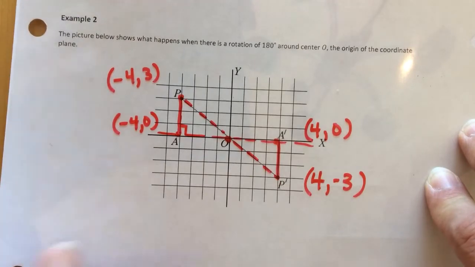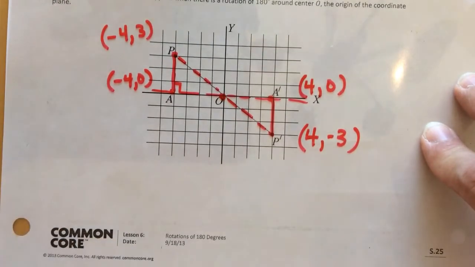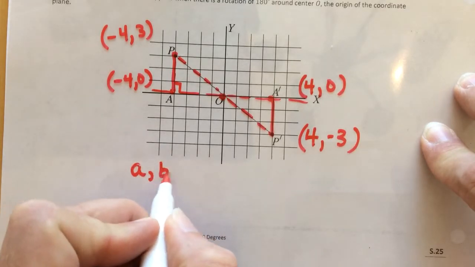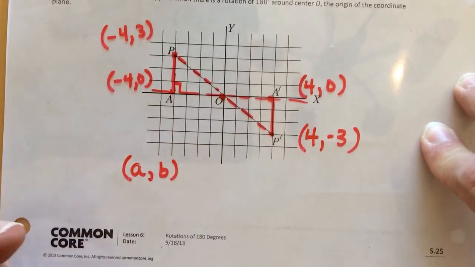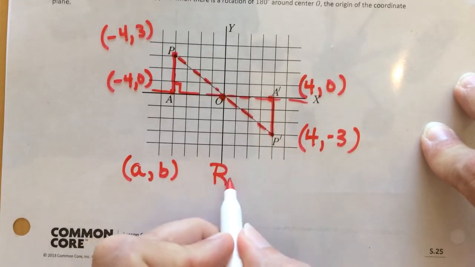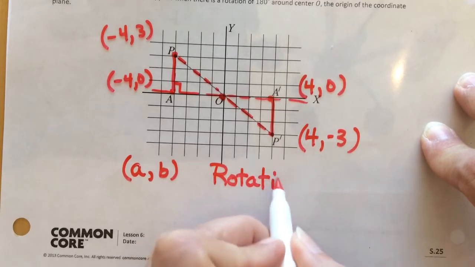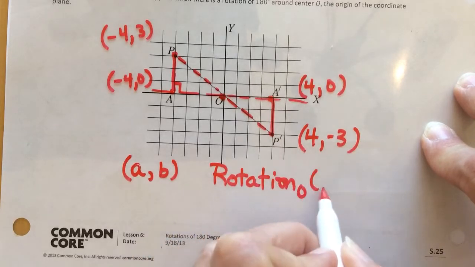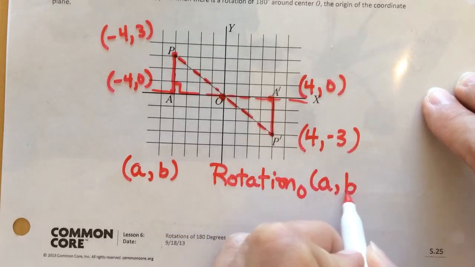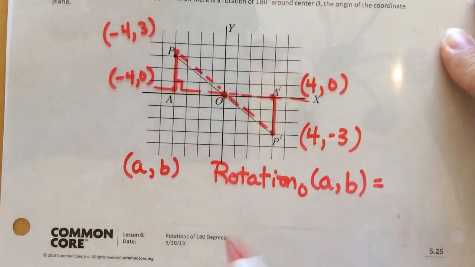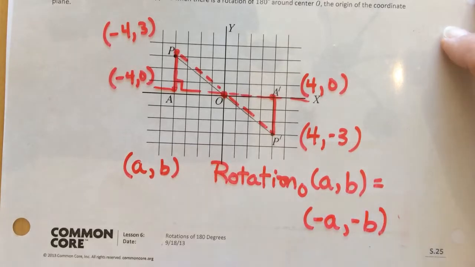So what we've proven here is that if I have a point (a, b) on the coordinate plane, and I'm going to use some notation here, the rotation around the origin of (a, b) is going to be the point (-a, -b), the opposite of a, opposite of b.